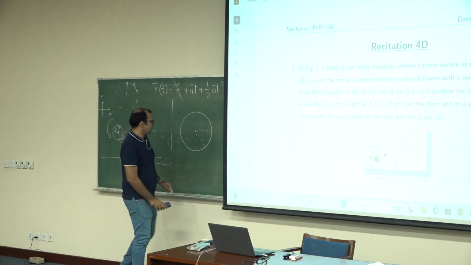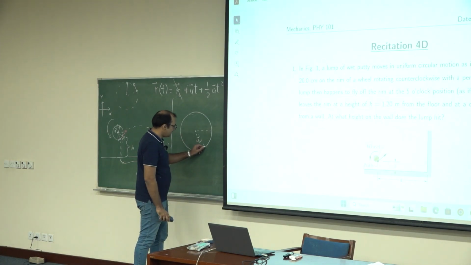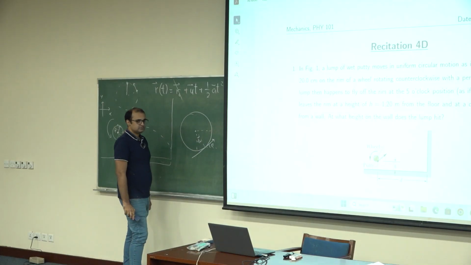So this angle is 30 degrees, and the velocity vector is pointing like that, and you are really interested in this angle, theta.